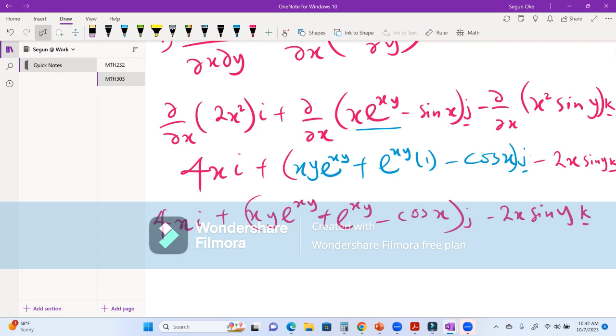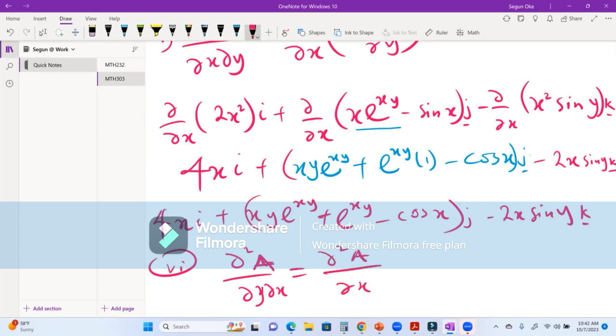Now, the last question says, which is immaterial anyway. Look at it. It said the square a, the x, no, it said the y dx, right? It's the same thing as the square a, the x, the y.